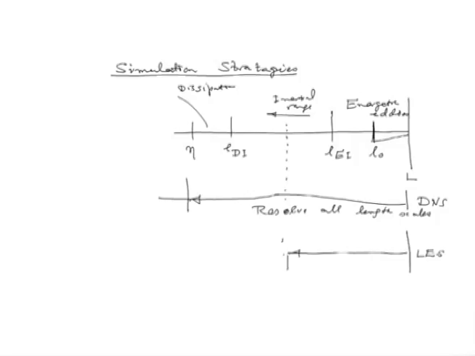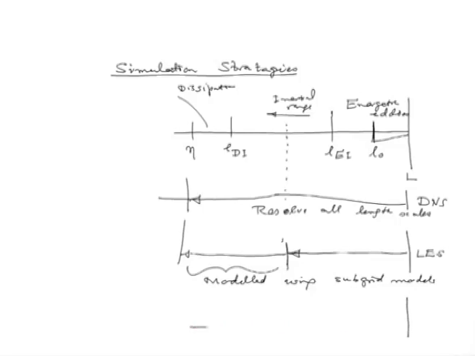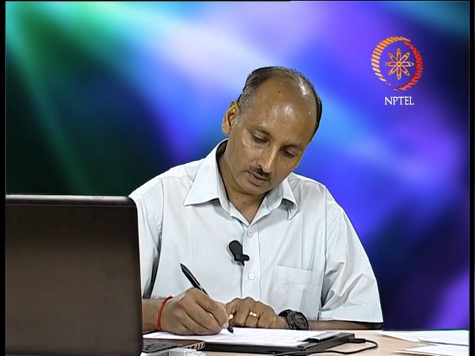So, up to this point our flow or all the lengths are fully resolved. Below this, up to eta, this part in large eddy simulation is what we call modeled using subgrid models. And in contrast to these two, in our so called RANS simulation, what do we do? Everything is modeled.